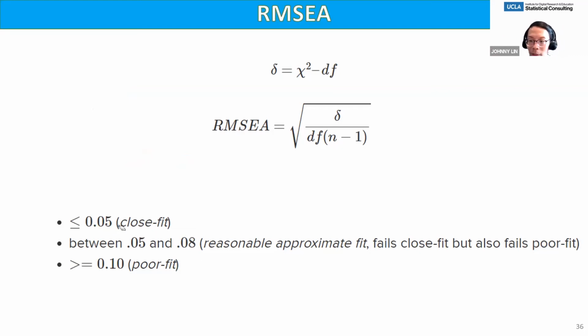Basically, if you get an RMSEA of less than 0.05, it satisfies close fit. If it's between 0.05 and 0.10, it fails close fit, but it doesn't fail poor fit. So it's kind of in between. And anything greater than or equal to 0.10 is poor fit. So that's not good. So if you have close fit or approximate close fit, then you're good to go for RMSEA.